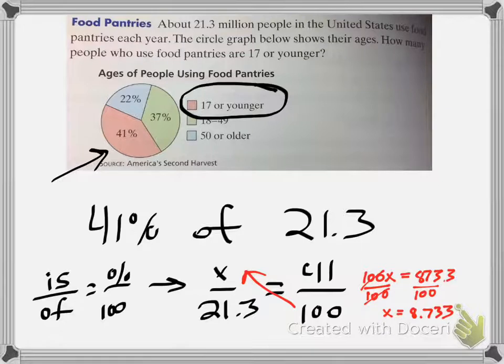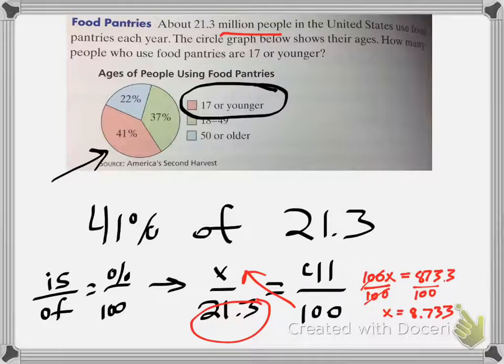Now don't write your answer down as 8.733 because that's not the answer, because 21.3 represents million people. So that's 8.733 million people that are 17 or younger who use food pantries each year.